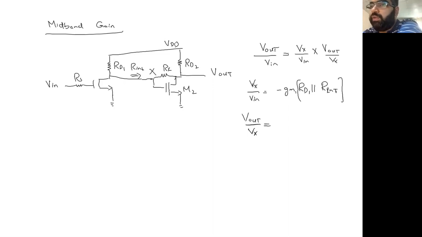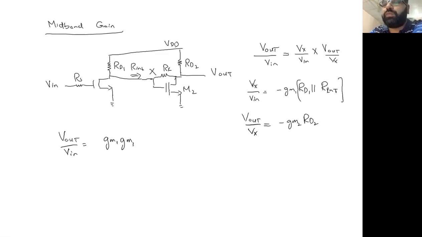And V out by Vx, we have already seen, was equal to minus Gm2 RD2. So V out by V in will ultimately be non-inverting in nature because two inverting stages are going to come. So we can write Gm1 times Gm2 times RD1 in parallel with R int multiplied by RD2.